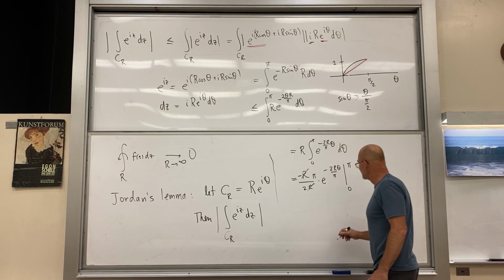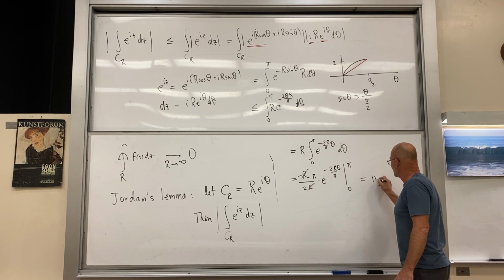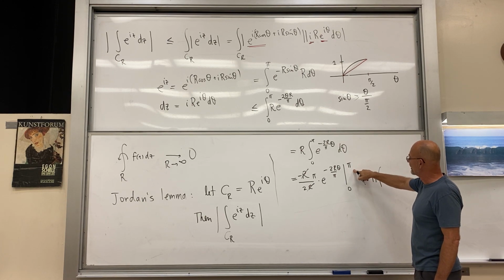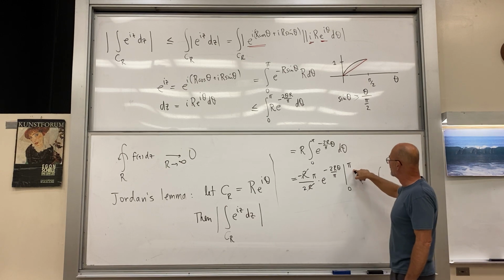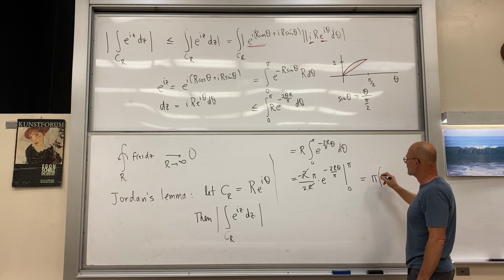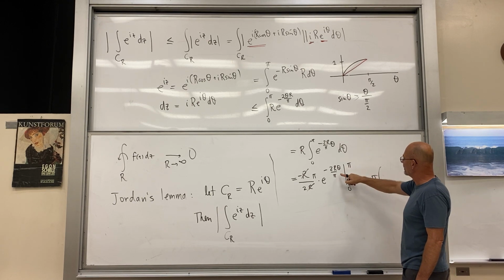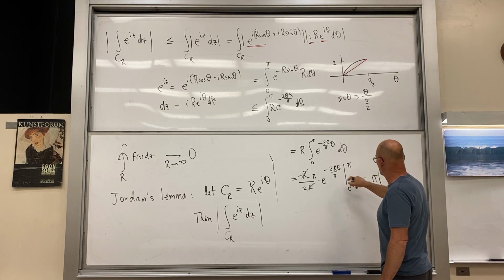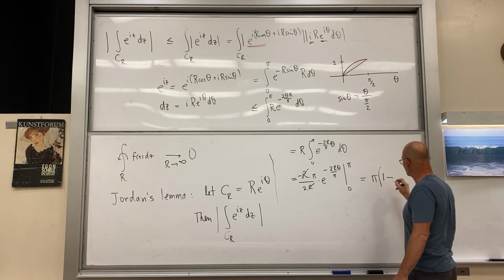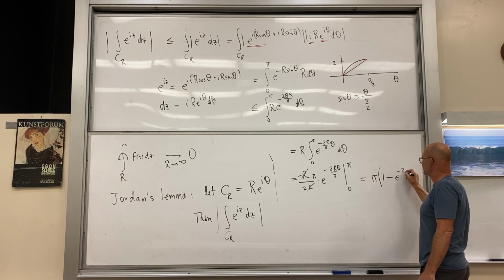These cancel, equals pi times one minus, get rid of that minus sign, e to the minus 2r.